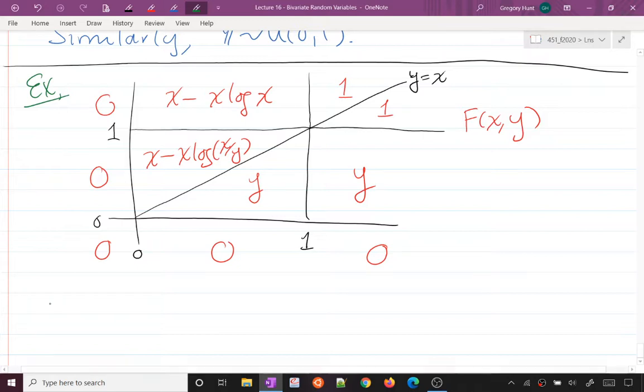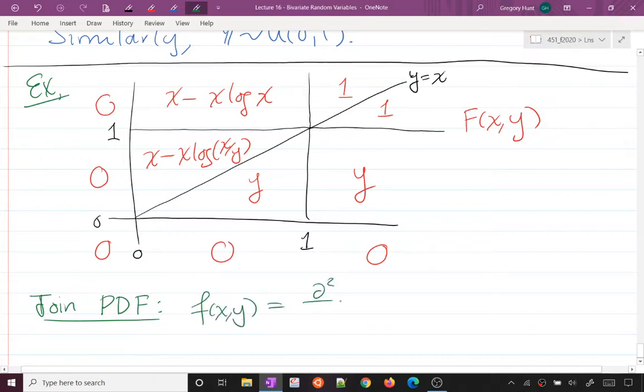We can get, say, the joint PDF. Again, for the joint PDF, I just take the mixed partials with respect to x and y of my CDF.